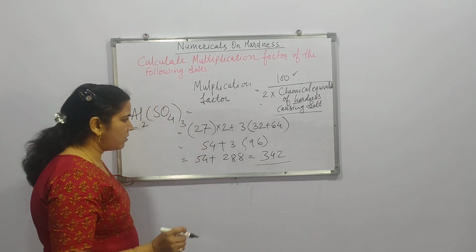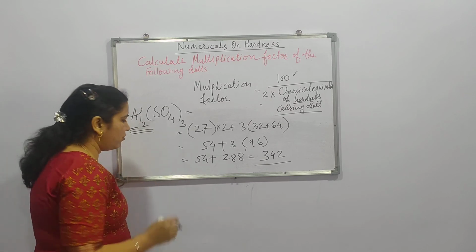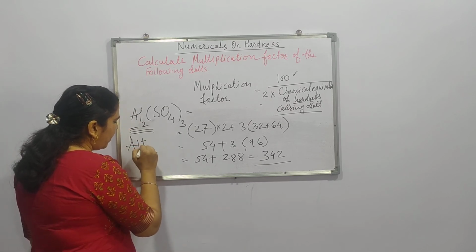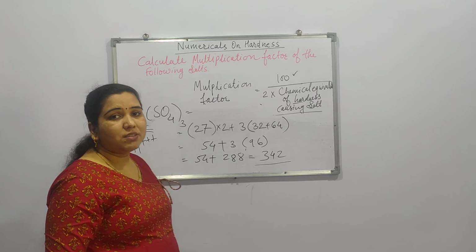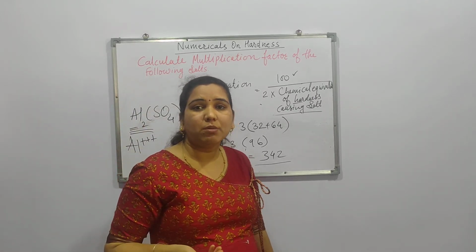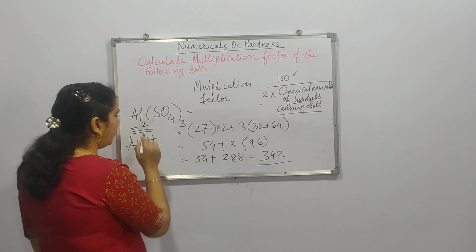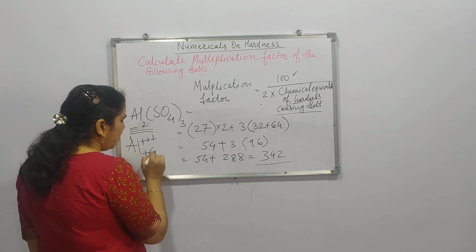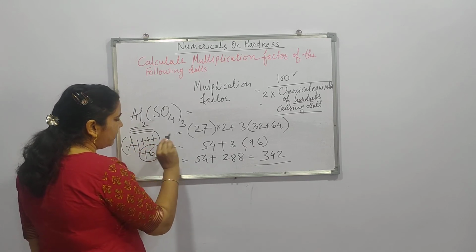Now what about valency? When this Al dissociates, it forms the Al tripositive ion. And when this tripositive ion is given in twice number, that is plus 6. So Al has valency plus 6 because it is given twice.